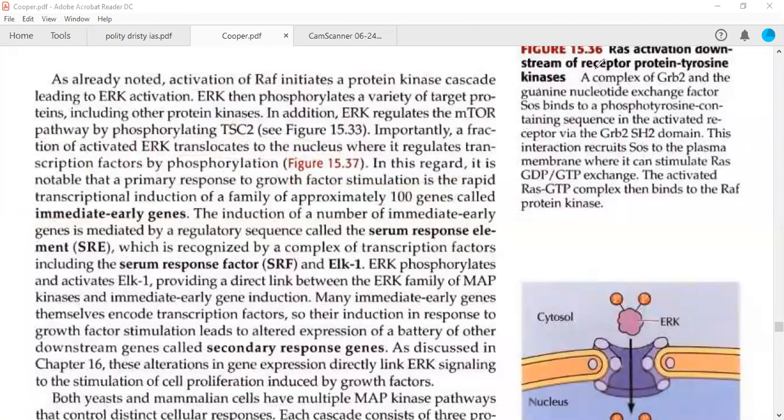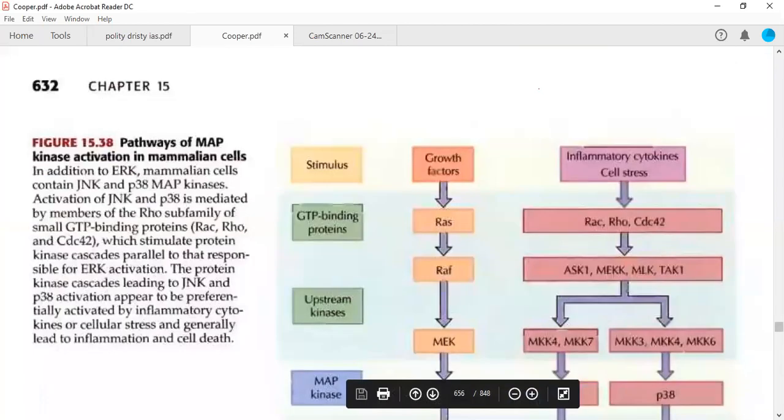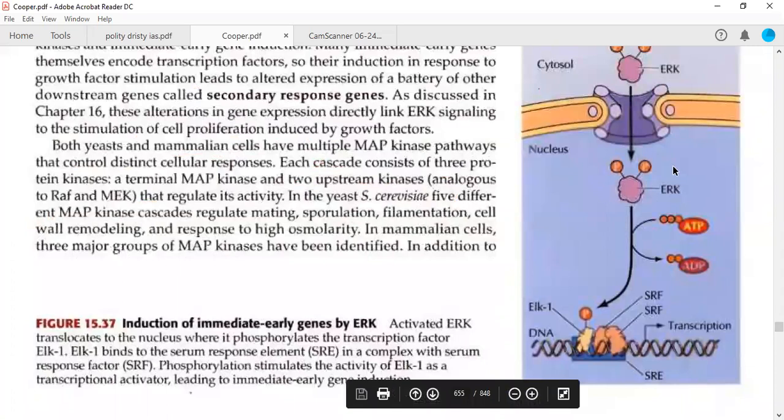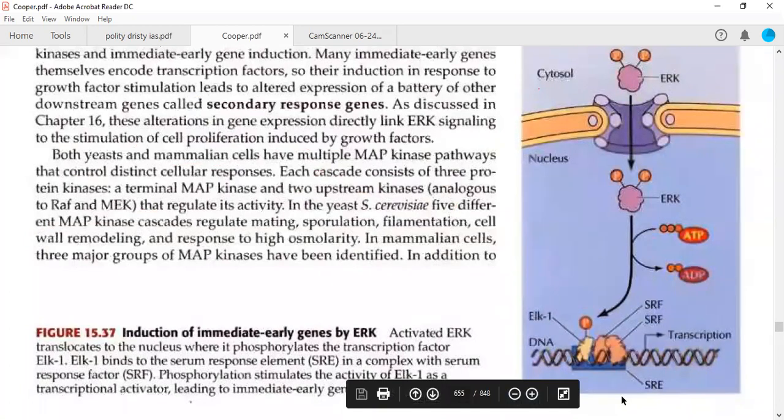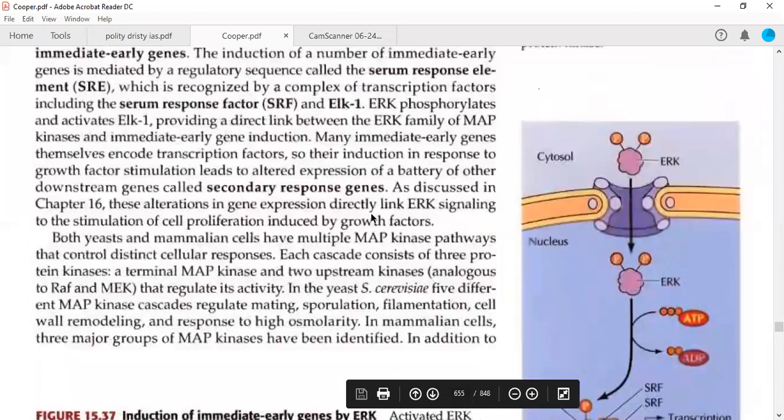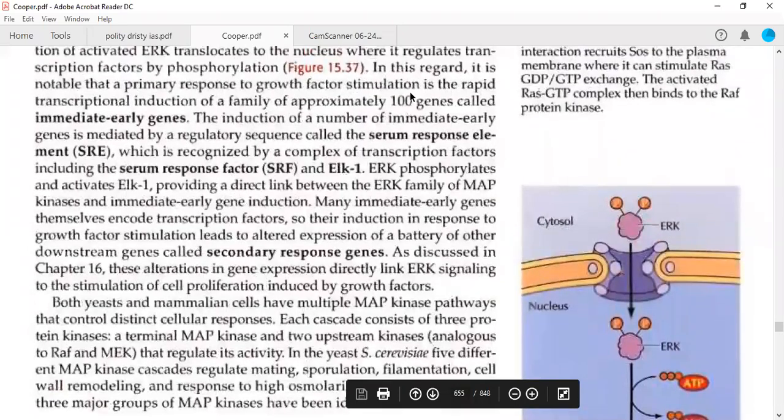Okay, so see here, it is going inside the nucleus and it will be phosphorylating a number of proteins, for example, ELK1 and SRF. Now we will see what these ELK1 and SRF are. Okay, and this is the response element, the DNA where these proteins will interact and will control the transcription of these early genes, about 100 genes under this control.